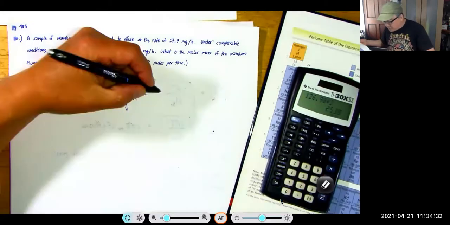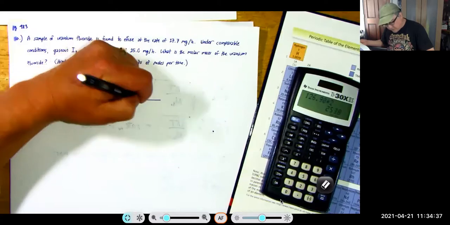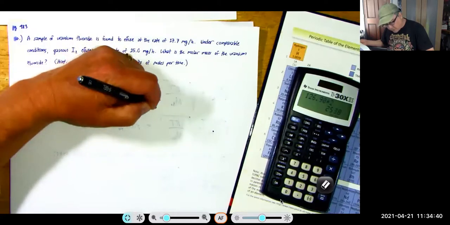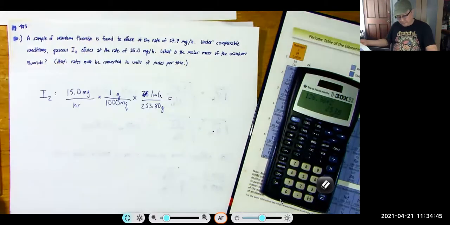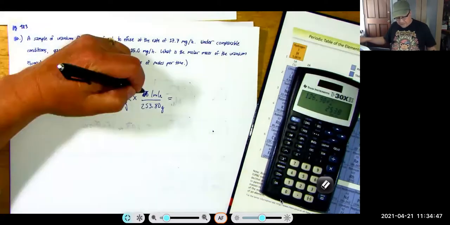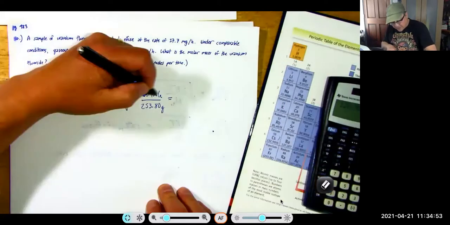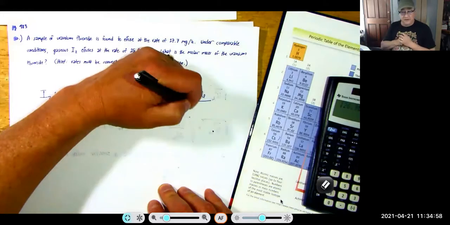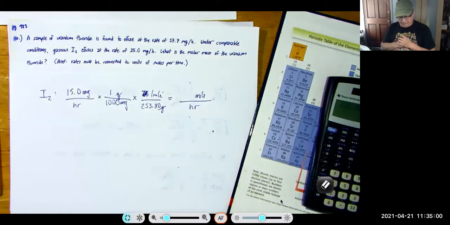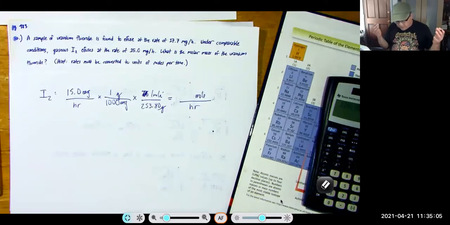We know that there's 253.80 grams per 1 mole. And so what we're going to be left with here is, if the milligrams cancel and the grams cancel, we're going to have moles per hour. Fair enough? Now, this is a tough one to estimate, but we know darn sure it better be a lot smaller than 1, right?